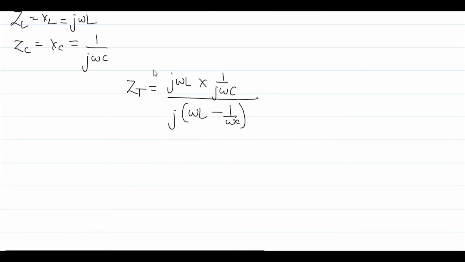Now j and omega cancel, and we are left with L by C, so ZT becomes L by C whole divided by j of omega L minus 1 by omega C.